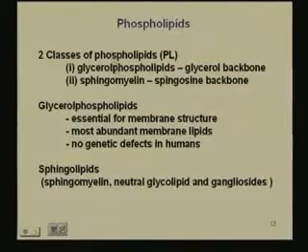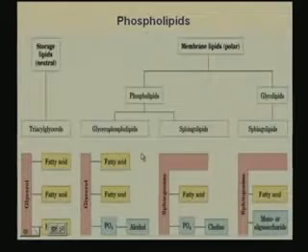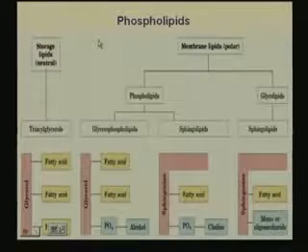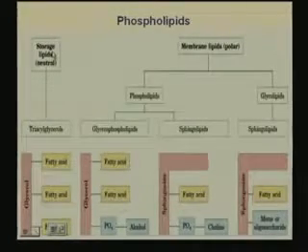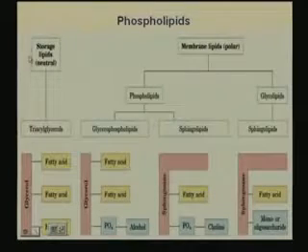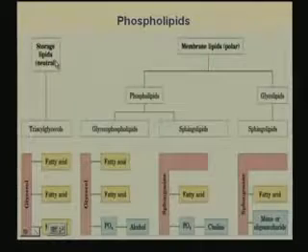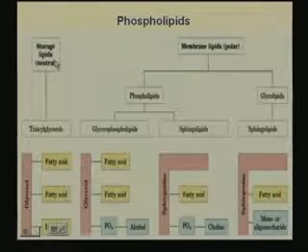So, what we need to know is there are 2 types of phospholipids, and they are essential for the membrane structure, and they are found in membrane lipids. Okay. This is the breakup. What we have here is storage lipids. Storage lipids, like storage in terms of fat droplets.